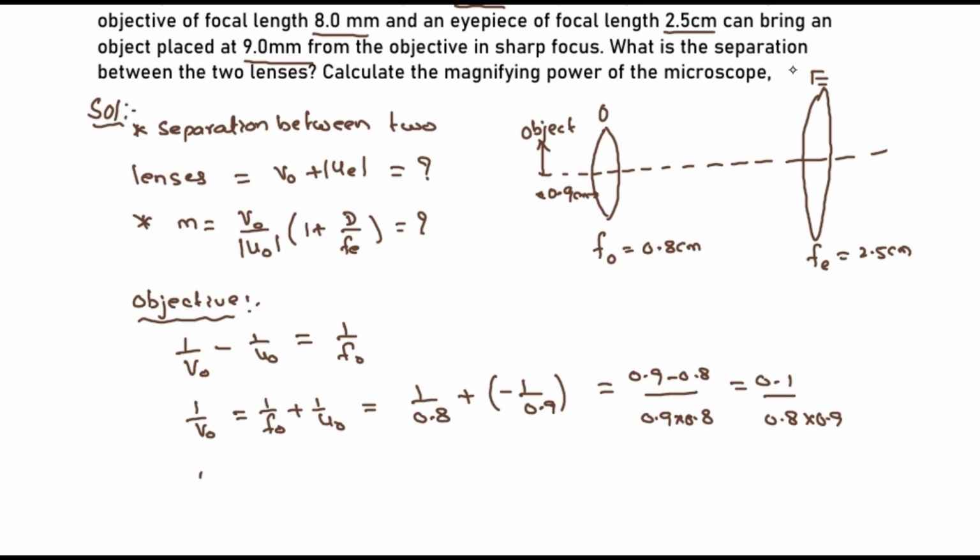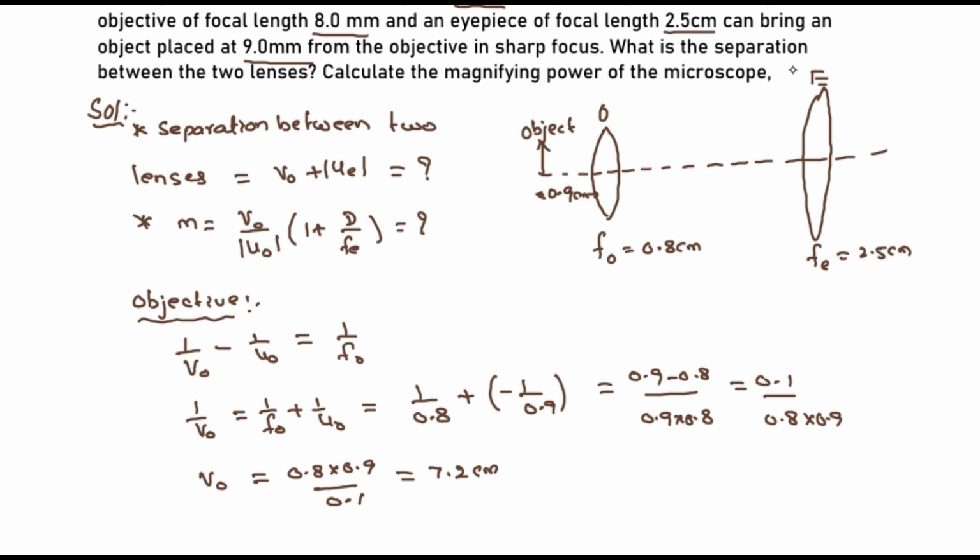So from this, V0 is equal to 0.8 into 0.9 divided by 0.1. After simplification its value is 7.2 centimeter. Now we got the V0 value, but we need UE.